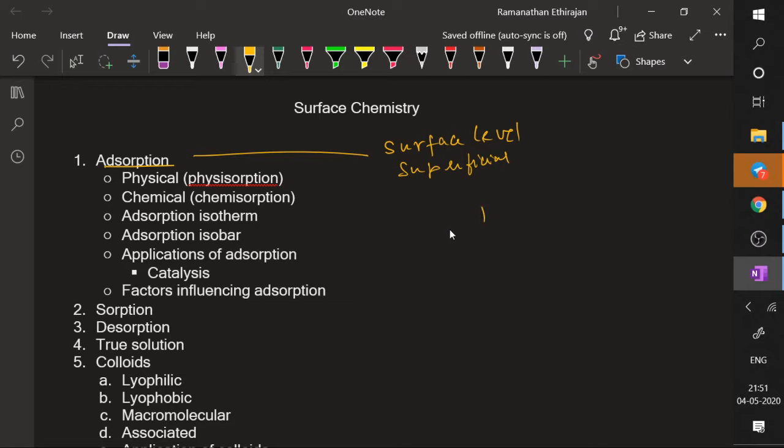See, there is a coloring of some article. This can be done by two ways. One is by painting, another by dyeing. So in fact, painting is a surface level covering or coloring. So it is superficial coloring.